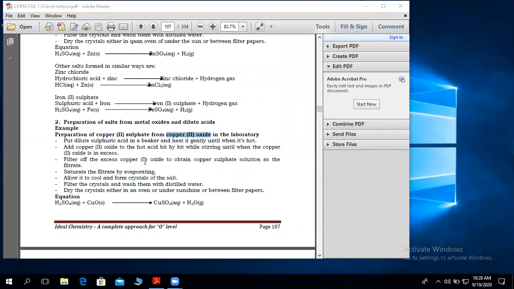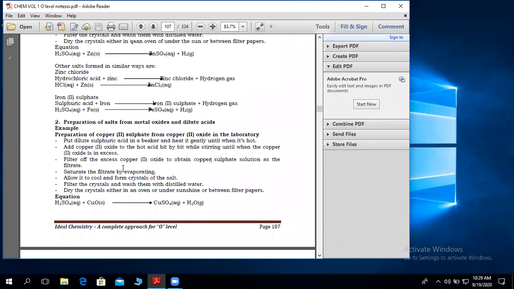Filter off the excess copper 2 oxide to obtain copper 2 sulfate solution. Because copper uses many valences, you have to specify this is copper 2 sulfate solution as the filtrate.